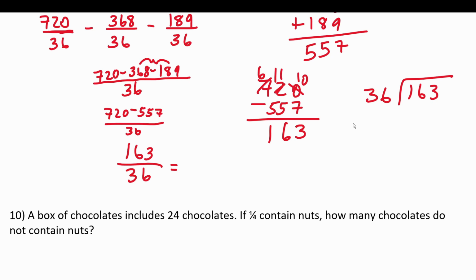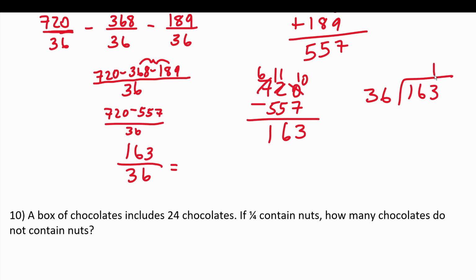I'm going to use some estimation to try to figure this out. I'm going to say this is 40 and this is 160. I know 40 times 4 would be 160 evenly.